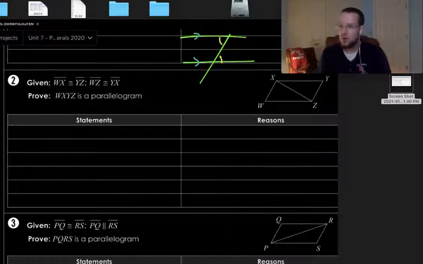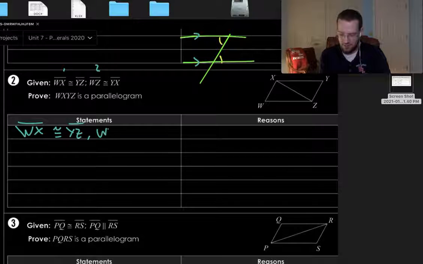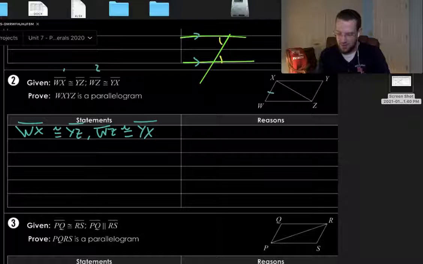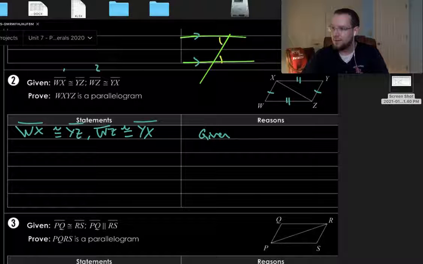So we have 2 pieces of given information. WX is congruent to YZ, and WZ is congruent to YX. So that's this one and this one, and that's this one and this one, and this is given. That's given. And so what do we have here?